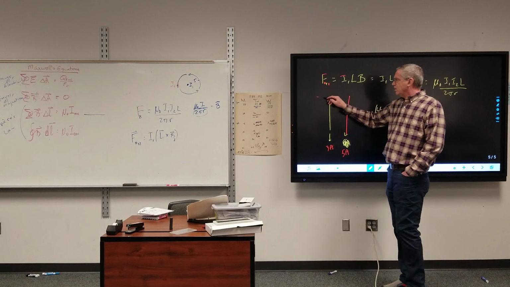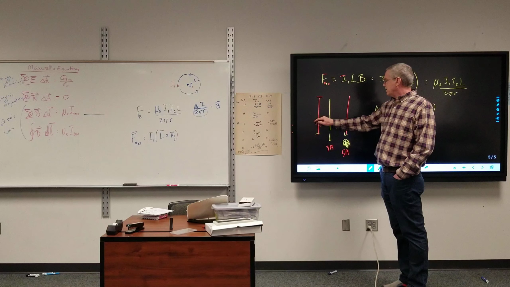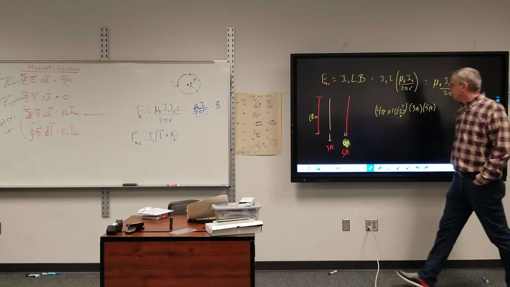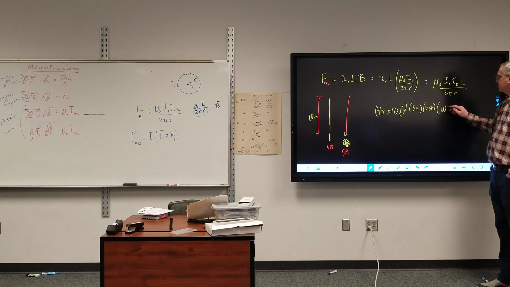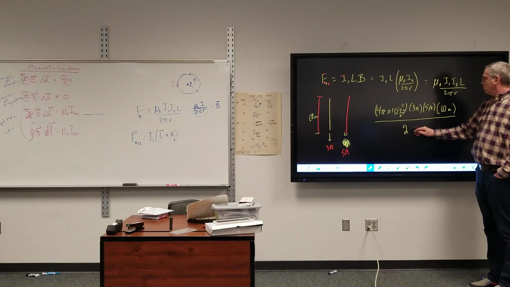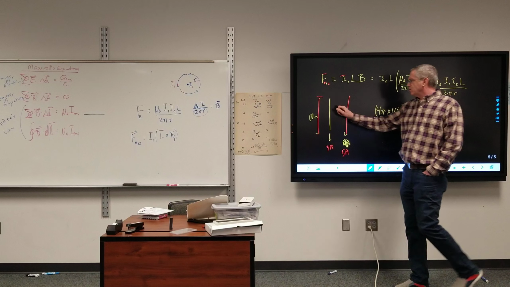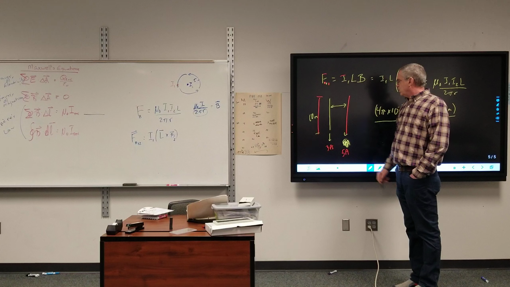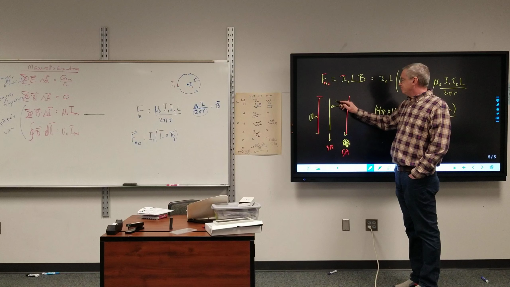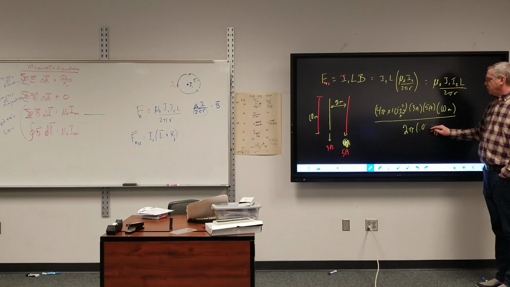Did I actually give a length? Let's make it 10 meters, divided by 2 pi times the distance between them. R is the distance between them. Let's make this 2 centimeters, 0.02.